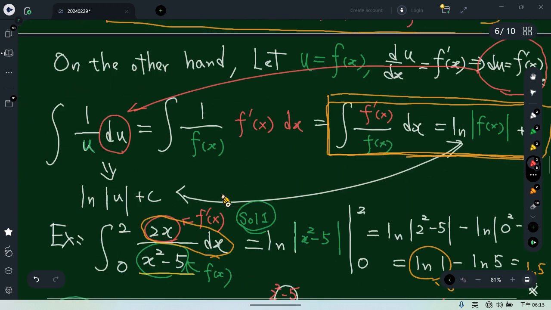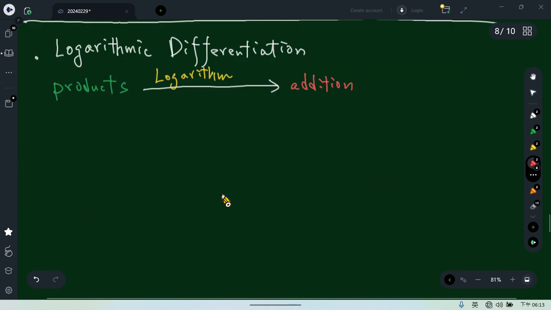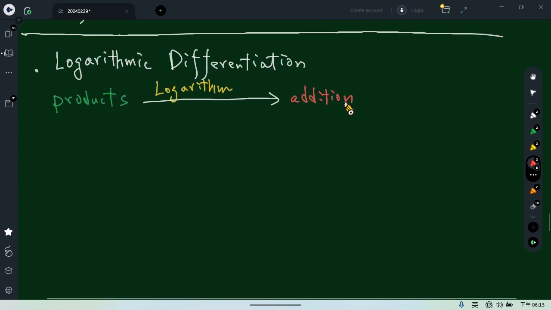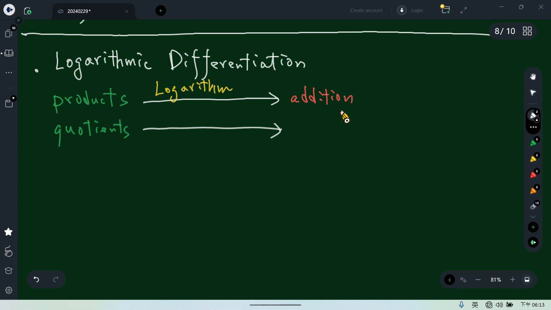So originally the operation is product, but through taking its logarithm, you can get addition. So similarly, if originally we ask you to calculate a quotient, then through logarithm you can get subtraction.